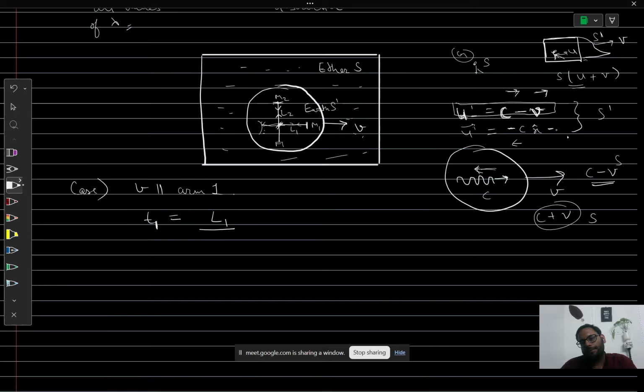It should be c plus v, but how? Help me now. When they are moving in opposite directions, my Earth is moving in this direction and the light is moving in the opposite direction. How will this be c plus v? How do they add up? Tell me.